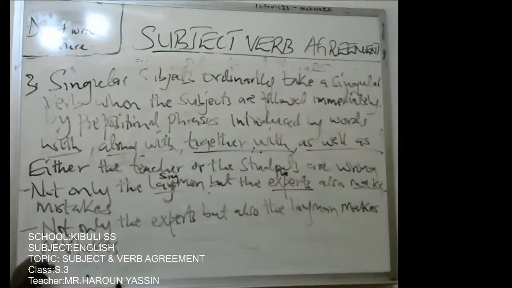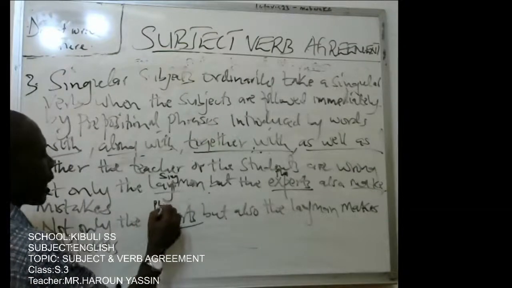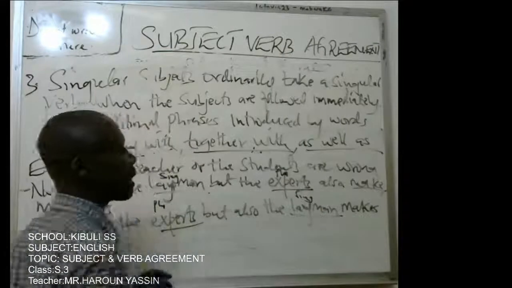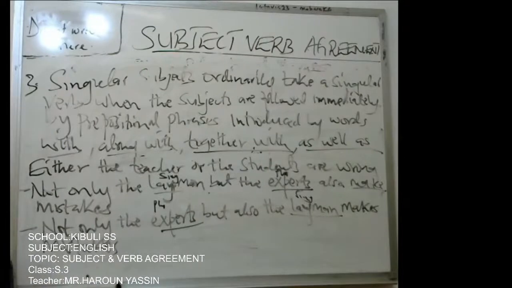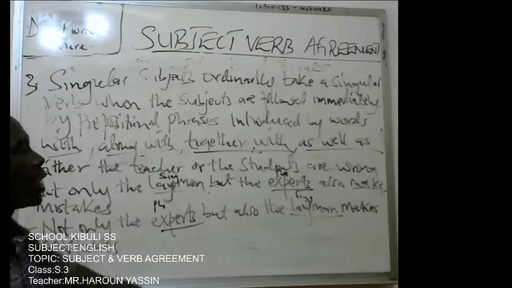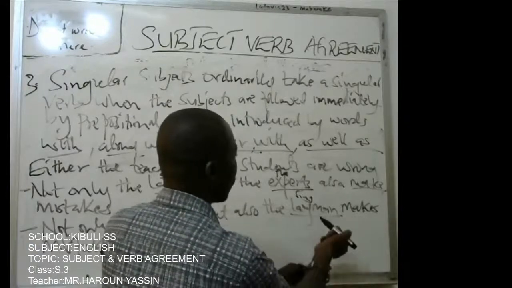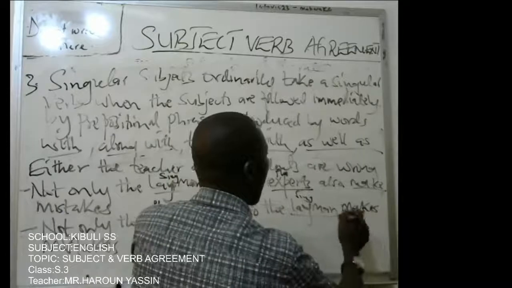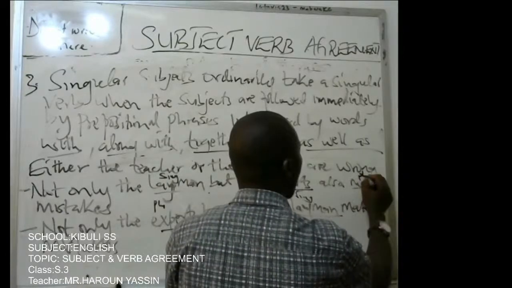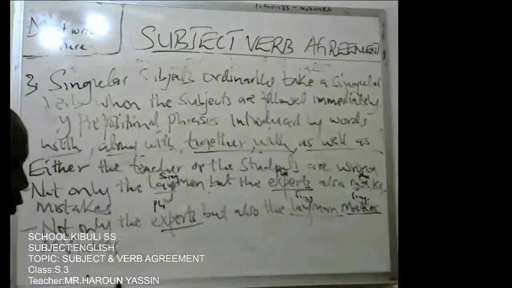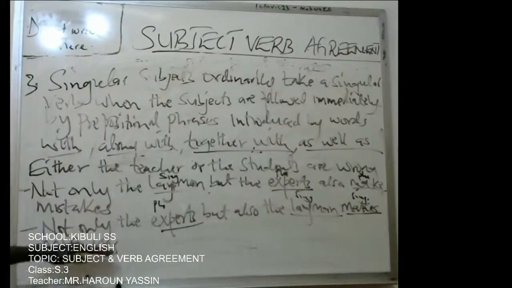When we turn the sentence and have experts, which is plural, coming first, and then layman, which is singular, coming next, our verb has to be singular in order to agree in number with the singular subject. So "make" is plural, and "makes" is singular. This is what we have here in subject-verb agreement.